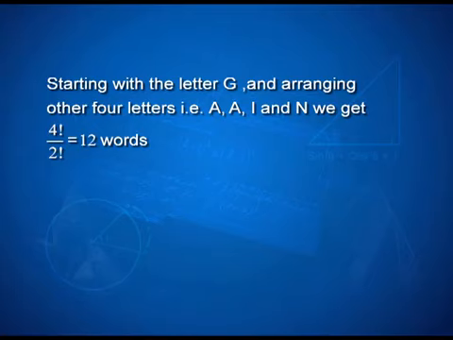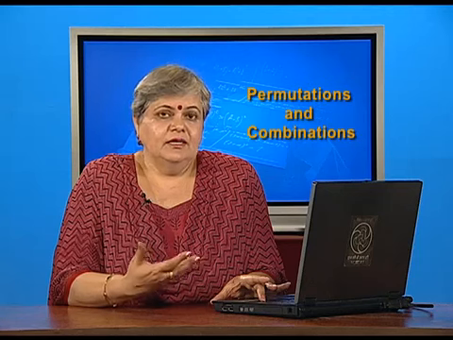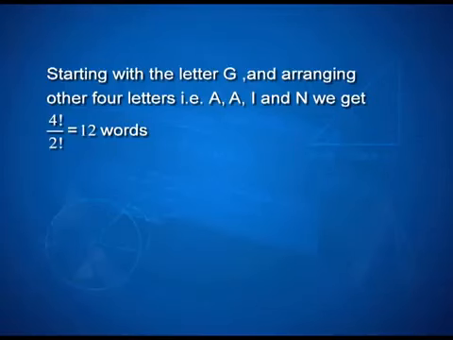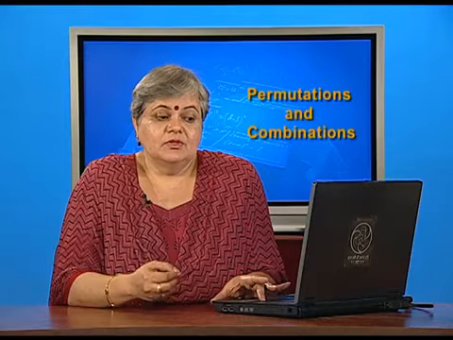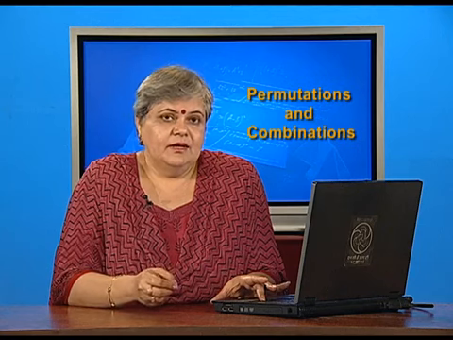Now, if I am looking at the first position, then the alphabetically next letter available with me will be G. If G goes in this position, then the remaining 4 places can be filled by the remaining 4 letters, that is A, A, I and N, in 4 factorial by 2 factorial ways, because now I have 2 A's here.